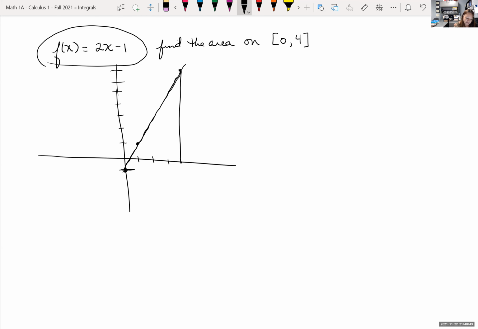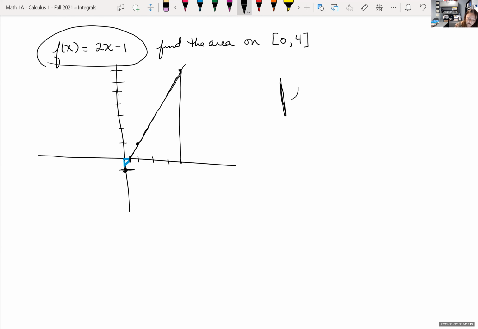The problem is that this is, again, falling below the x-axis at this value right here. And so there's this little piece of the graph that's below the x-axis. And so when I'm looking at the height, that's giving me a negative value. And so I technically would have to break this down. I could look at the absolute value of what's below the x-axis.